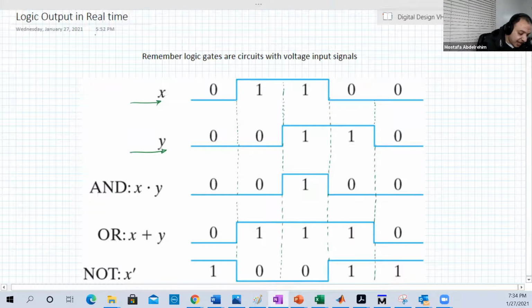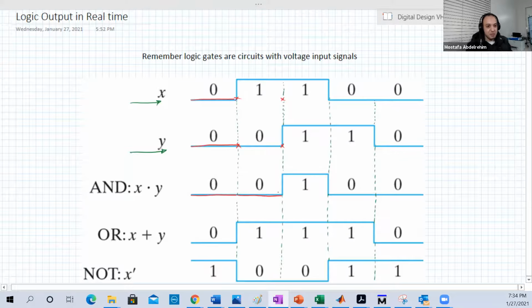So let's do AND first. During that duration, the two inputs to the AND gate were both zeros, so the output should be 0. At that point, one of them becomes high, becomes 1. From that point to that point, X is always 1, Y is always 0, so again the output will be 0, because one of the conditions is not satisfied.